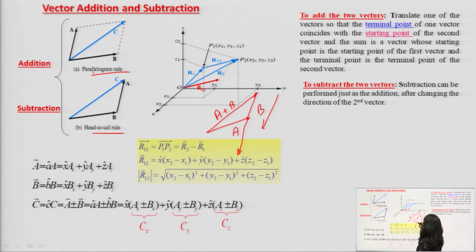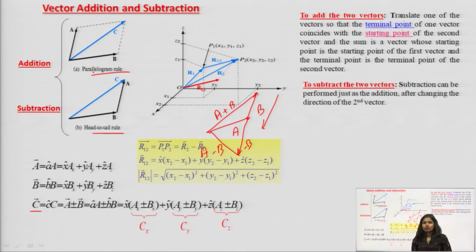We have changed the direction of B. Now the starting point of A and the ending point of B, this is B, will give A minus B, which means this is the A minus B vector. However, this one is the A plus B. Corresponding coefficients will add up and give the value of the added and subtracted vector C.